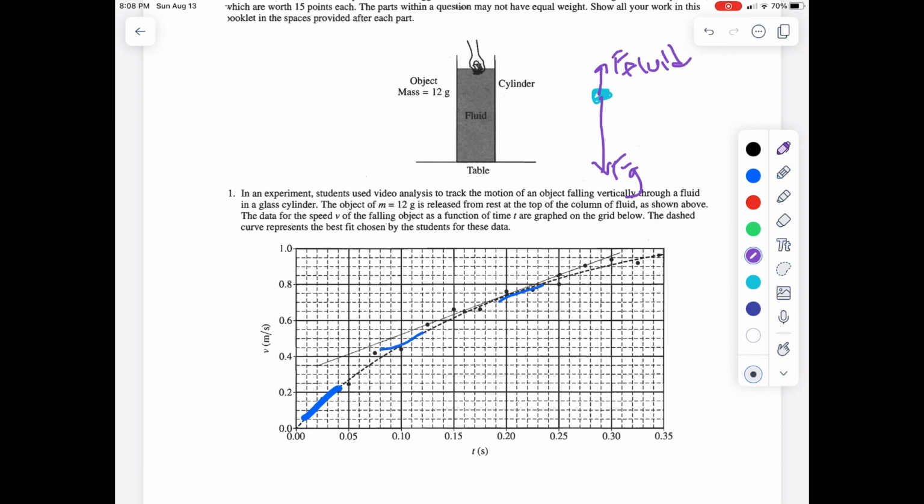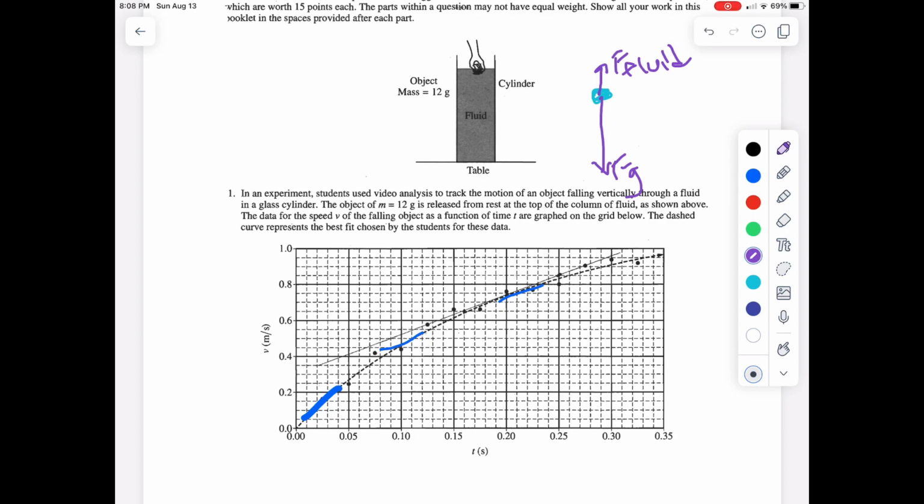If you were to drop an object in the presence of air resistance, it would fall, but eventually it would no longer have a net force acting on it, because the force of the air molecules pushing up on this object would equal the force of gravity pulling it down, and we'd be moving at a constant speed. That's the same idea that we have here with this mass in the fluid. But we can say that our acceleration will be pointing downwards until it eventually equals 0.